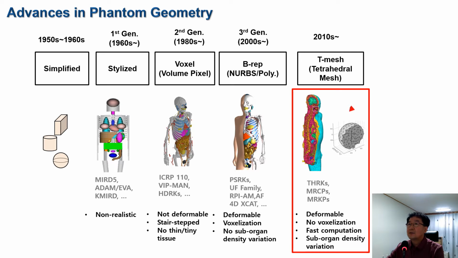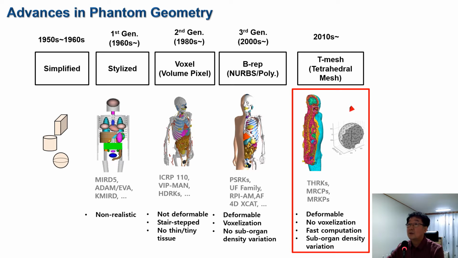Then the good news is that the resulting tetrahedral mesh geometry is still deformable and smooth, like the BREP geometry, and at the same time the geometry can be directly used in Monte Carlo code without voxelization, that is keeping the original quality or original fidelity of the mesh phantoms. And the computation speed is also very fast. That is why we developed the ICRP mesh type reference computational phantoms in tetrahedral mesh geometry.